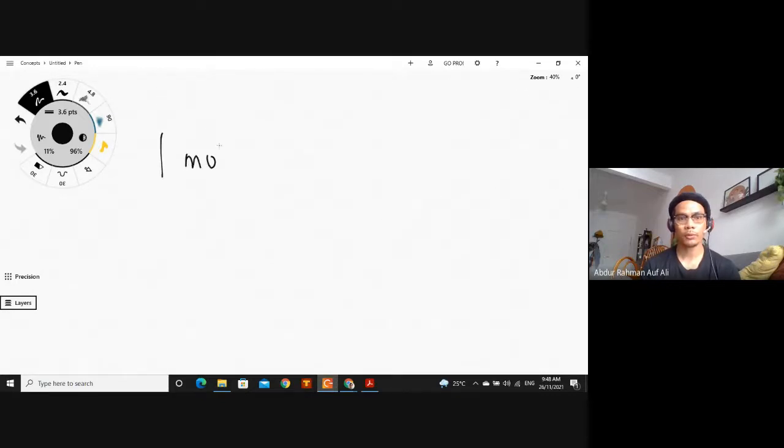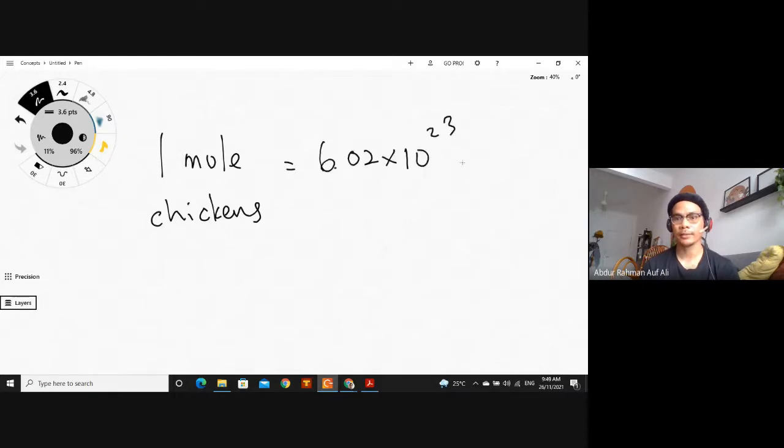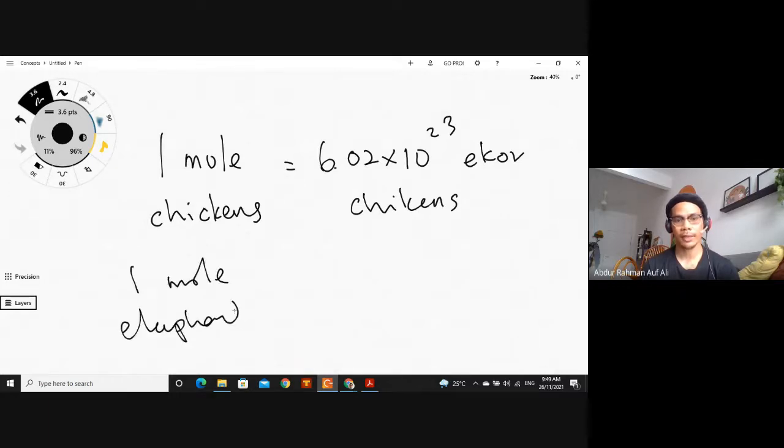So 1 mole of chickens, that means we have 6.02 darab 10 kuasa 23 bilangan ekor chickens. 1 mole of elephants, meaning we have 6.02 times 10 to the power of 23 ekor.